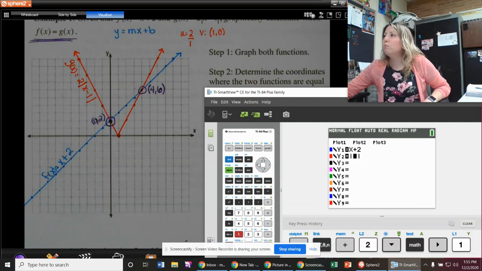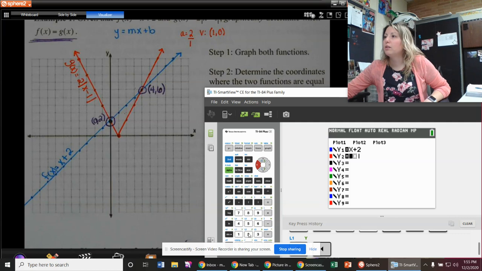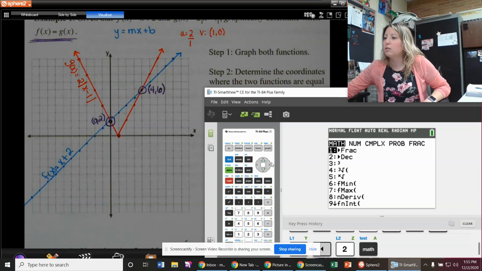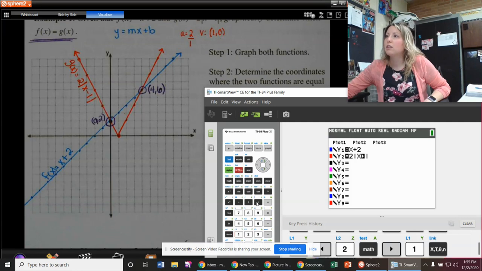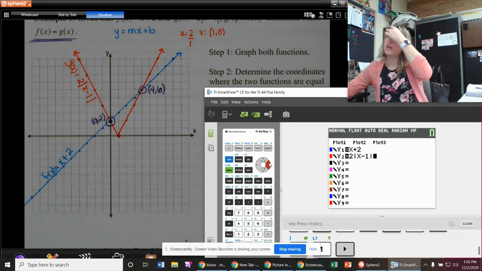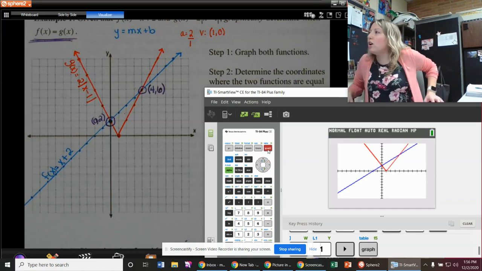And then, oh, I need to put some here. My 2 goes first. Then I can do math, arrow right to number, and 1 for absolute value bars. Now I can do my x minus 1. So notice that's what's in the absolute value bars. So press graph to see them both, and that will, oh, match up.